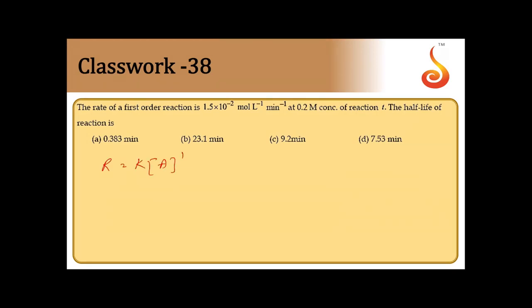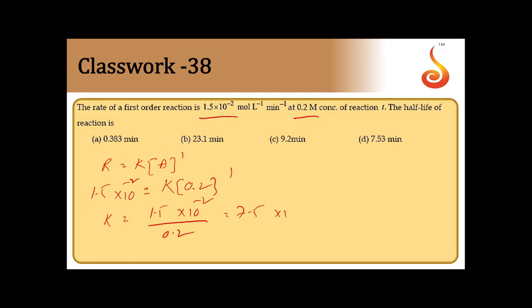First order, let us take power 1. So rate is given as 1.5 10 to the power of minus 2 is equal to rate constant K into concentration of A, 0.2 to the power of 1. So therefore value of K is equal to 1.5 10 to the power of minus 2 by 0.2, which is equal to 7.5 10 to the power of minus 2.